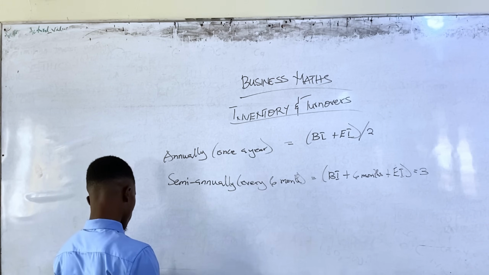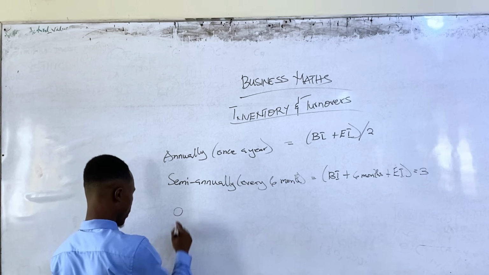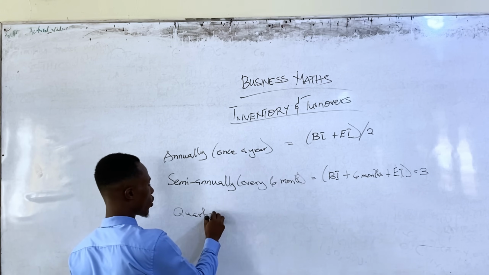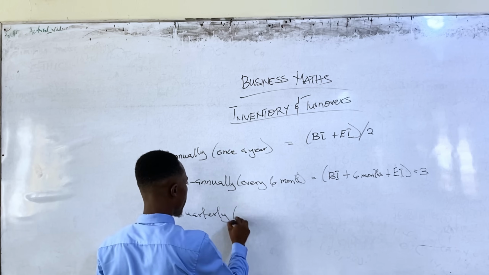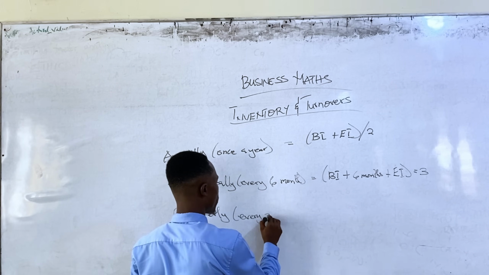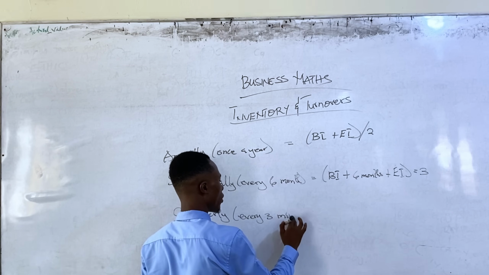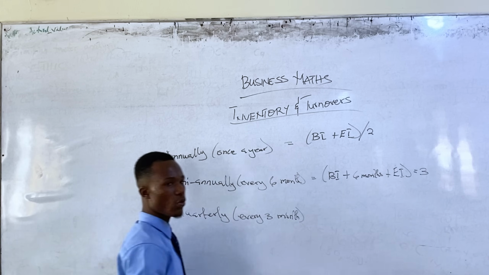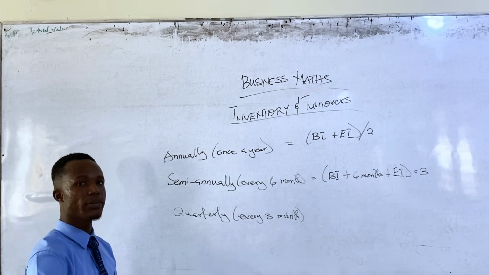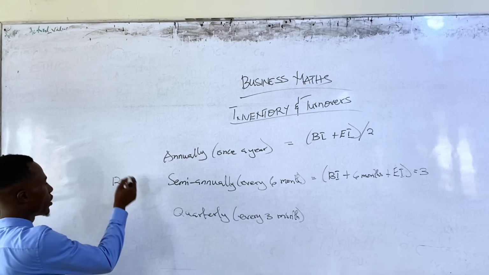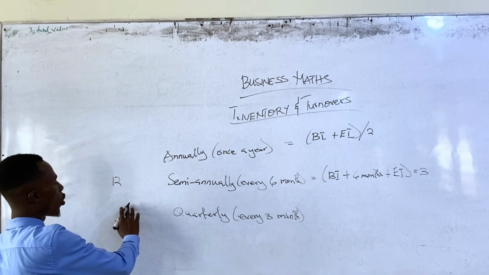Okay. So now we move on to quarterly. That is every 3 months. When we say quarter, it means out of 4. So it means the whole year, which is 12 months.